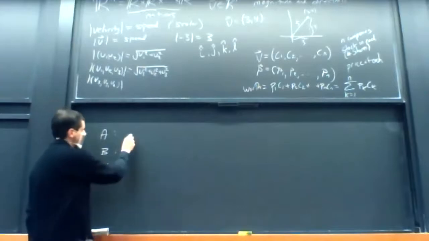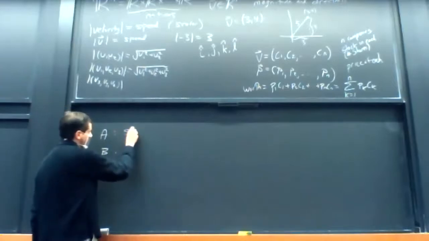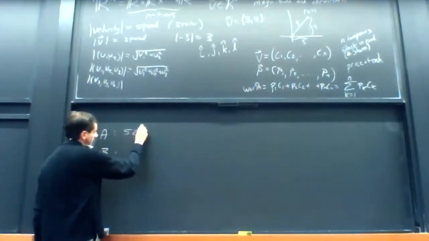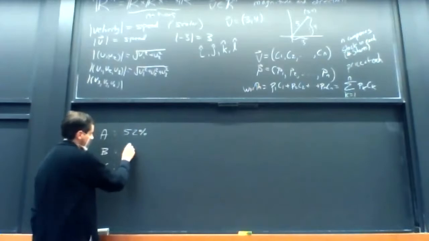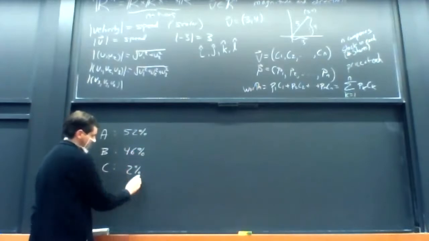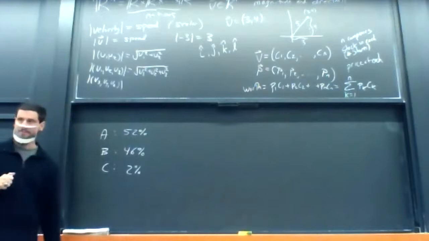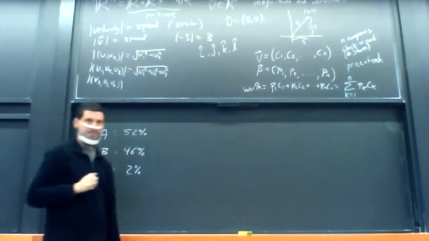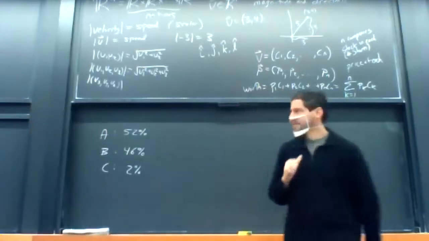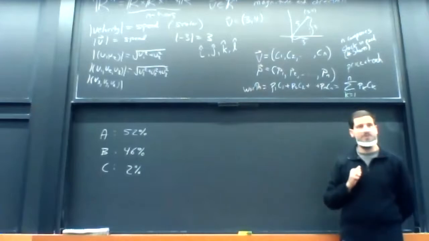And let's say person A owns 52% of the company, person B owns 46% of the company, and person C owns 2% of the company. Okay? How much is person A worth?